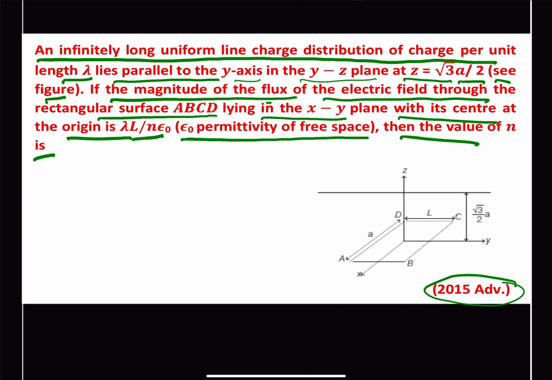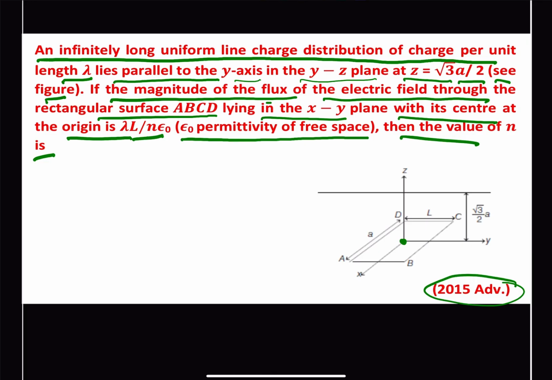So we are given that we have a rectangular surface whose one side is A, the other one is L, and it is in the xy plane with its center at origin.